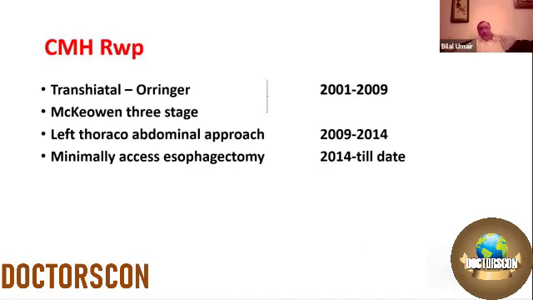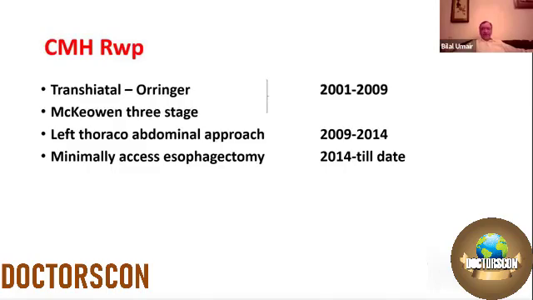So in CMH Rawalpindi, we have passed through phases of evolution. I joined in 2001, when the center was recognized for fellowship, and we were already trained general surgeons. Our mentor at that time had us fixed upon doing the transhiatal approach, and we were doing all right, with occasional three-stage procedures, and with the proposed advantages of avoiding a thoracotomy.